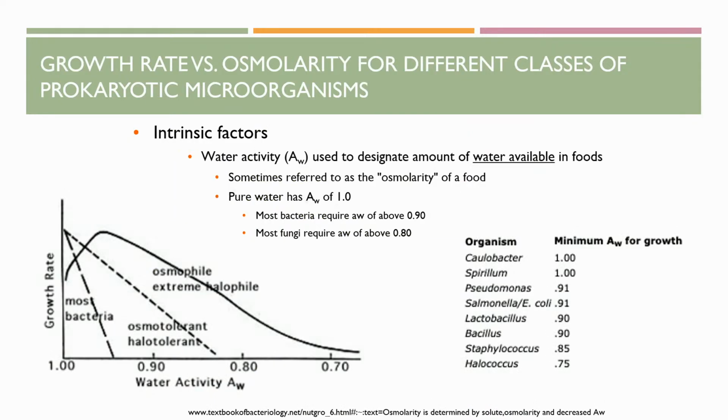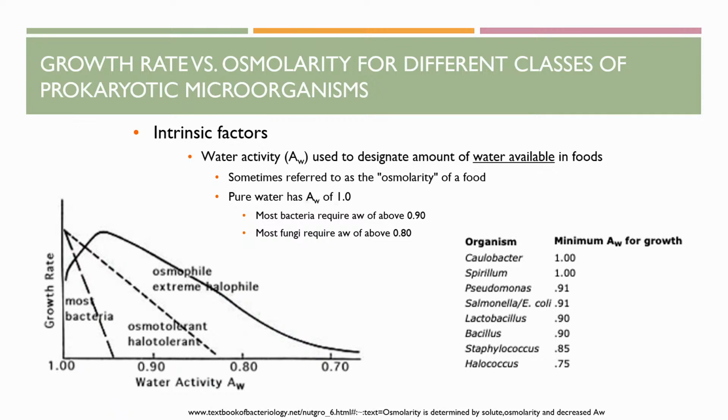So the types of organisms that can grow and their growth rate is influenced by the water activity. So these varying availabilities of water can influence the growth rate of different microbes. So different microbes can grow as the water availability decreases.